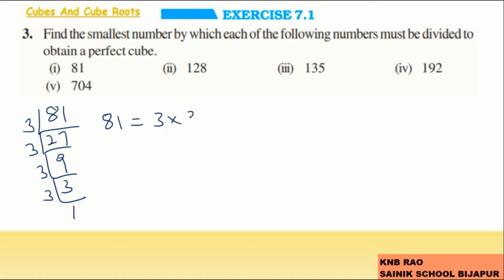3 multiplied by itself 4 times, where 3 is in a group of 3's once and extra we have one more 3.